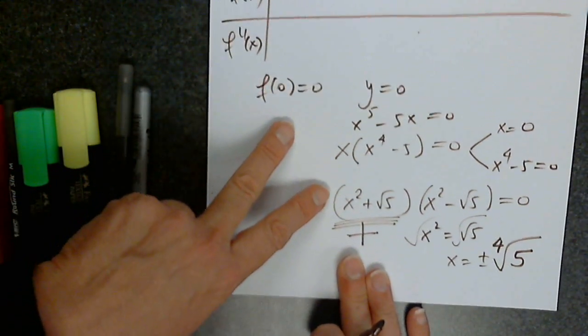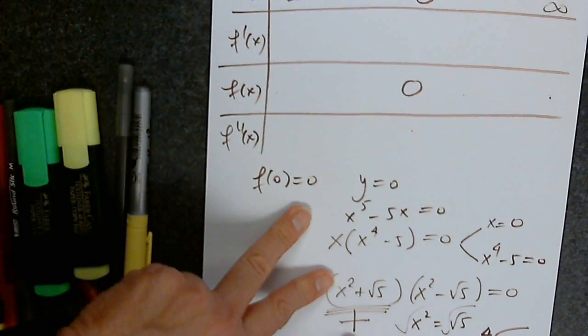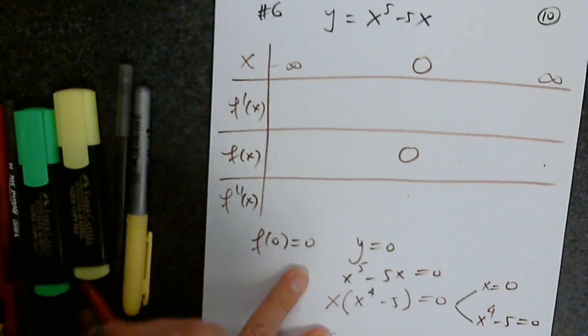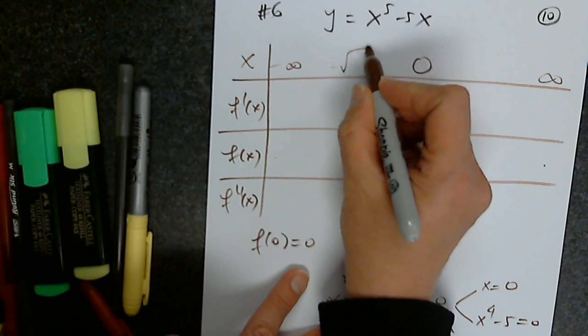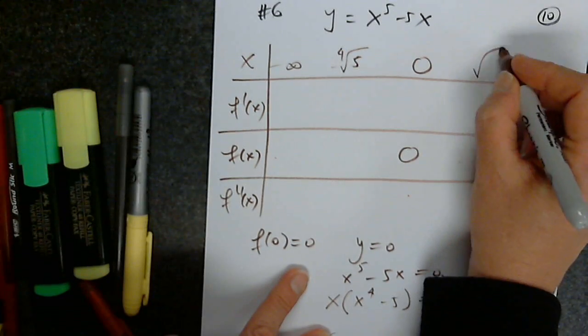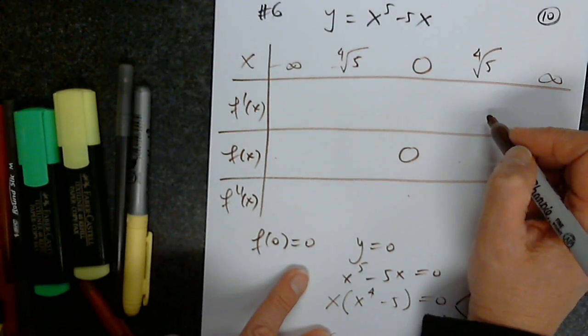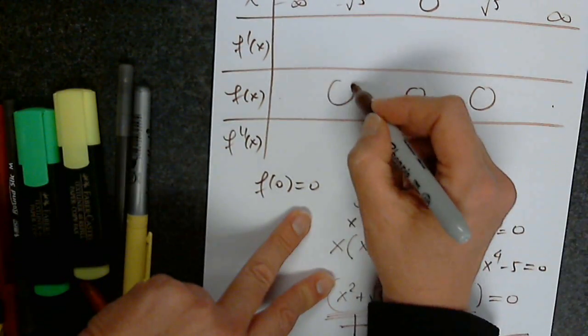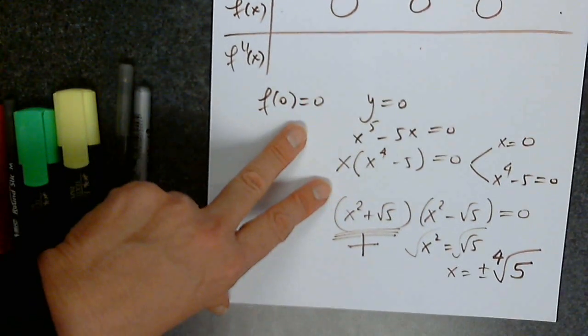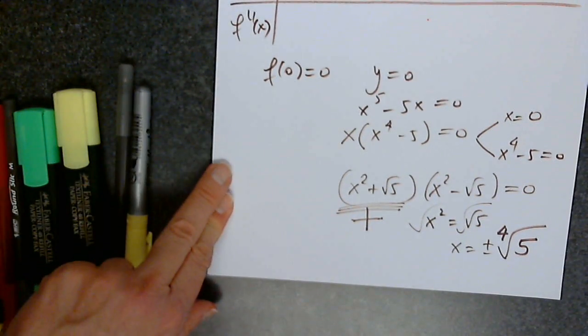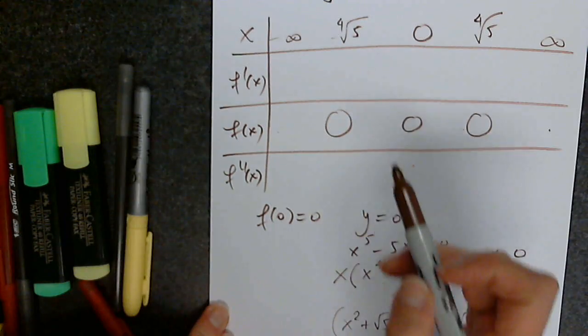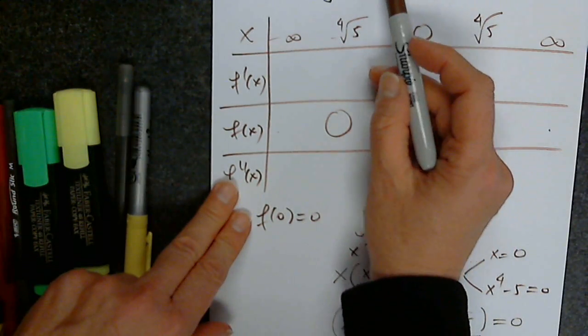So I have to put this in my chart. I put 0, so I have negative the 4th root of 5 and positive the 4th root of 5. And now the limit. This is a 5th degree function.